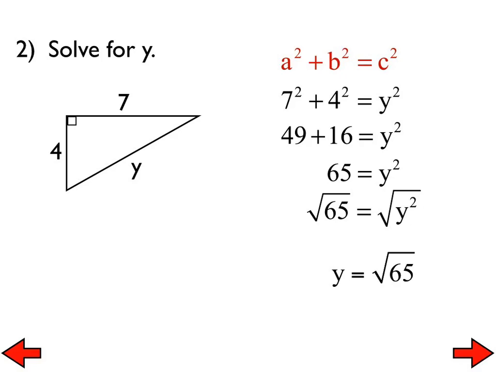The other issue is if it's not a perfect square, we should also estimate to the nearest tenth. Based on what I saw on the last quiz, most of us have no problem with that. So can I cut out some time right now and just give you the answer estimated to the nearest tenth? Yes? We all know how to do that? Okay, it's approximately 8.1.